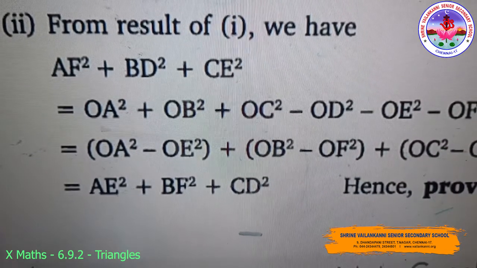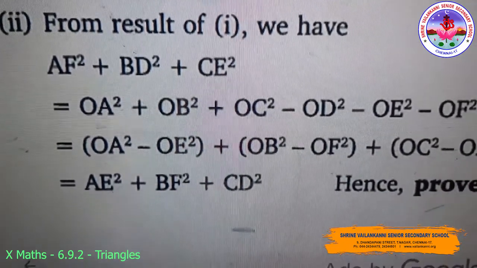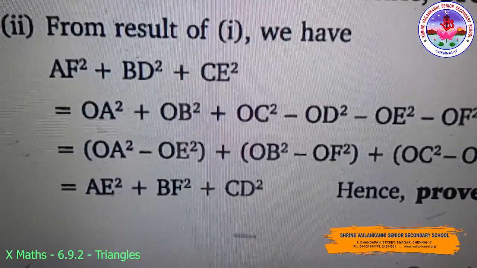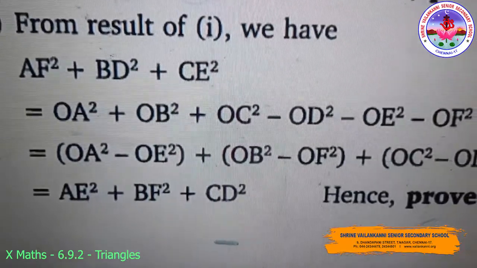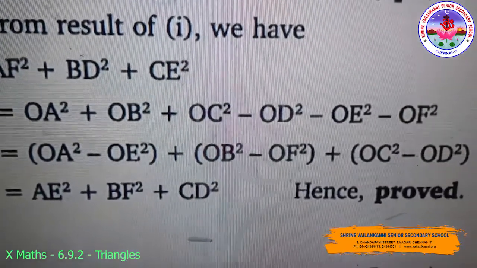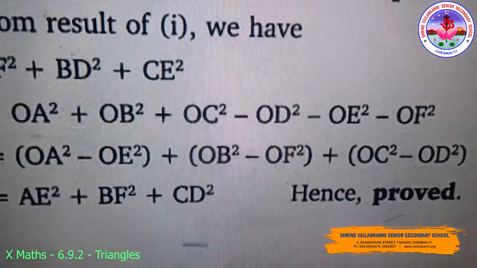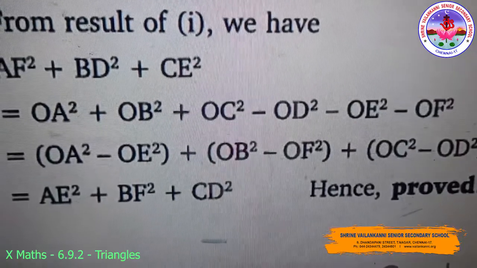So we need to prove the second result by using the proof of the first one. So we got from the first AF squared plus BD squared plus CE squared is equal to OA square plus OB square plus OC square minus OD squared minus OE squared minus OF squared.